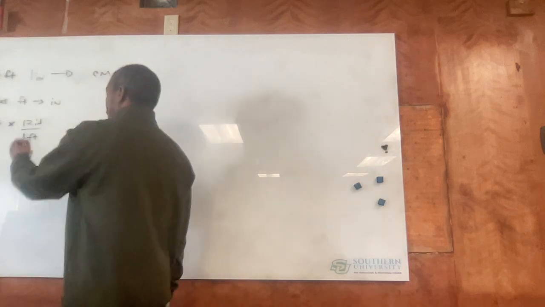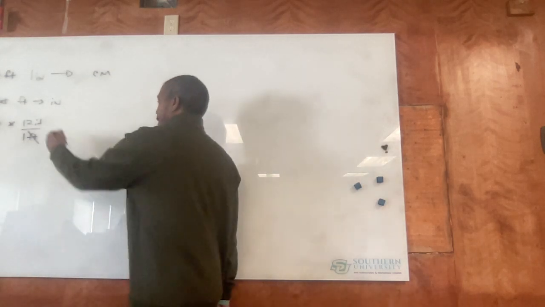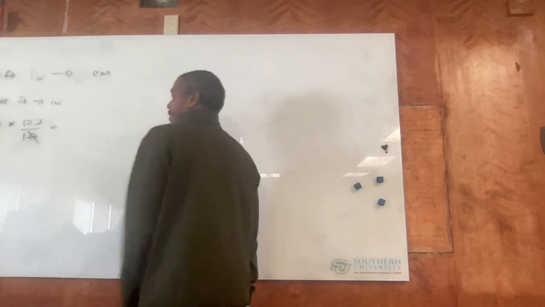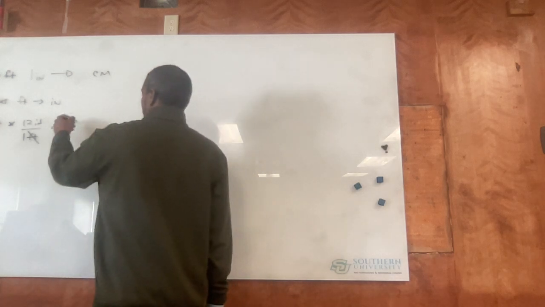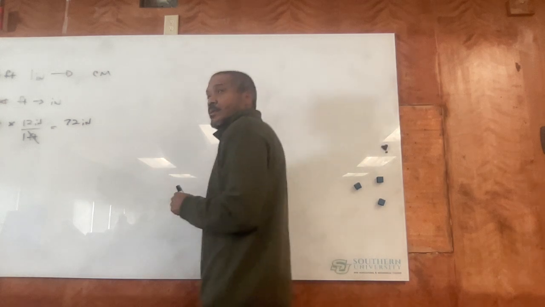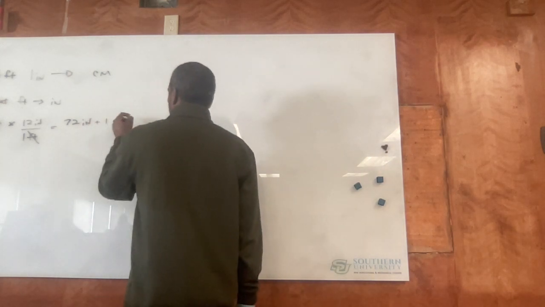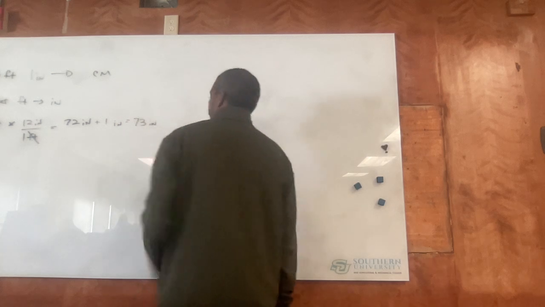These two cancel out, and here we have 72 inches. Then we added the 1 inch, and we get 73 inches.